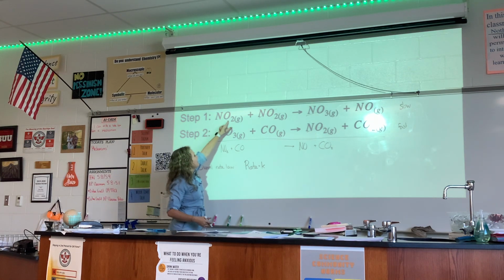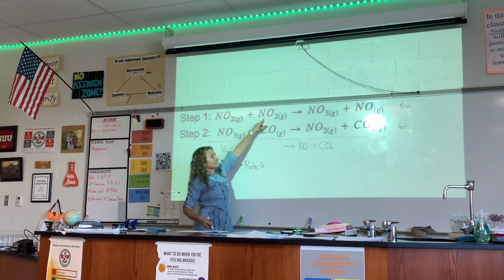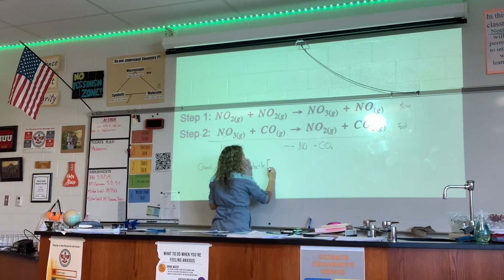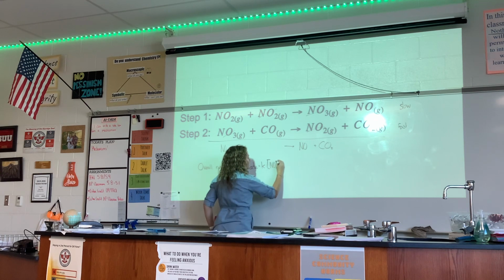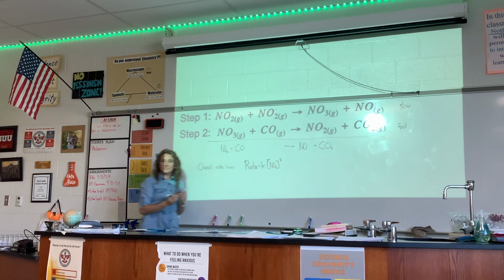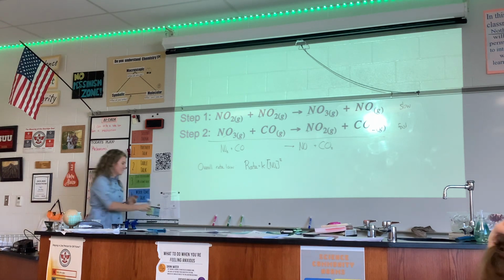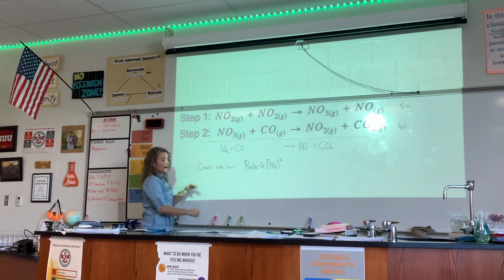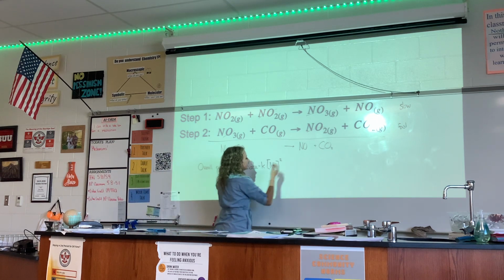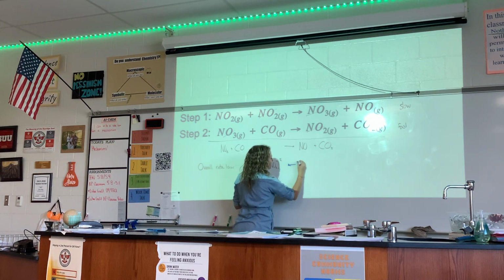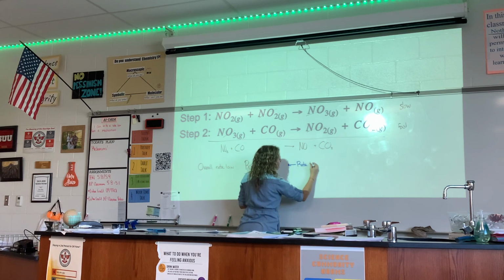So my slow step is NO2, and there are two of them, so I can write it as NO2 to the second power. And that is my answer. The overall rate law is the same thing as the rate law of the slow step.